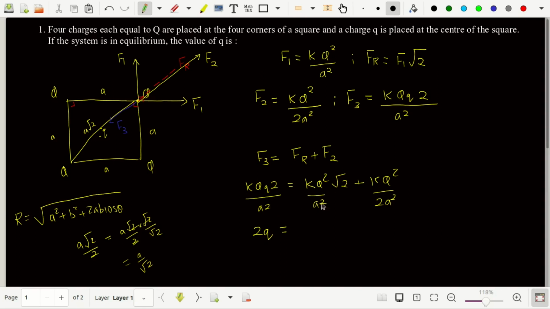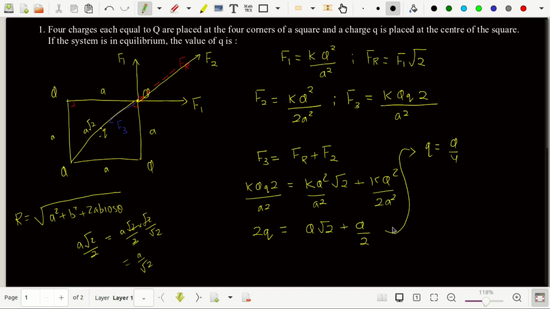So 2q is present at the left hand side, and at the right hand side I am left with Q root 2 plus Q by 2. I just need to rearrange this particular thing in order to get my final expression. So you can see it over here. How will I be getting it?